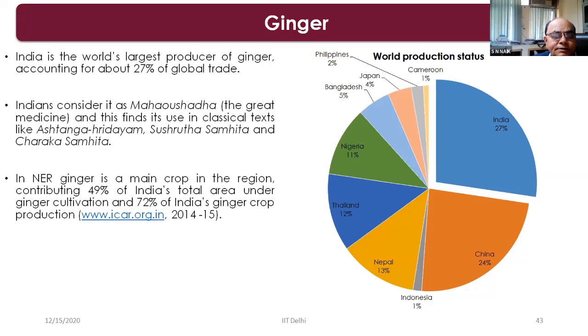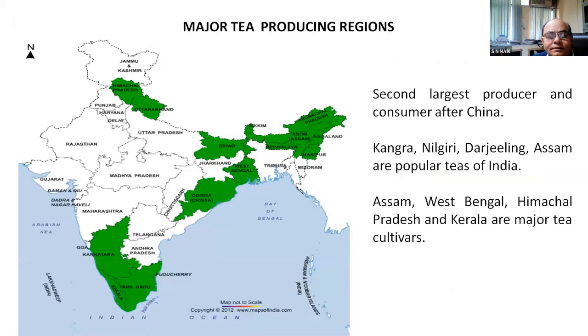And it is also mentioned in our traditional Susruta Samhita and Charak Samhita. Similarly, India also produces four varieties of tea: Kangra tea, Nilgiri tea, Darjeeling tea, and Assam tea.